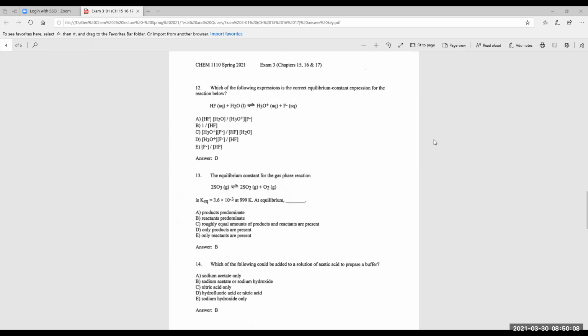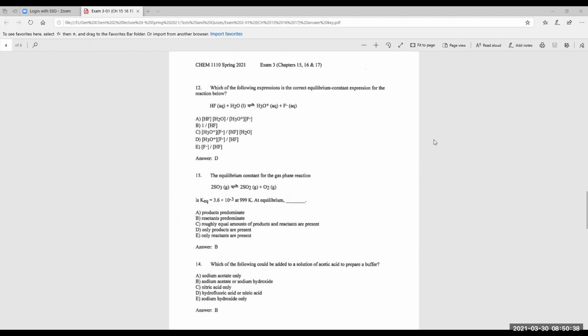And so if we remember it's products over reactants, we would then look at our coefficients. All the coefficients are 1. As I said, the water is a pure liquid based on that little L in parentheses next to it, so that one doesn't show up in it. So the correct expression is concentration of H3O plus times the concentration of F minus divided by the concentration of HF.